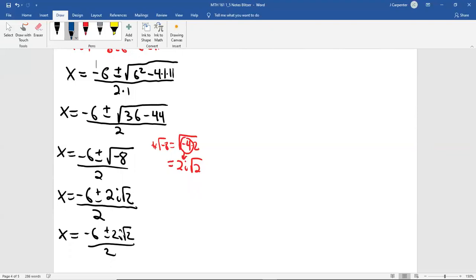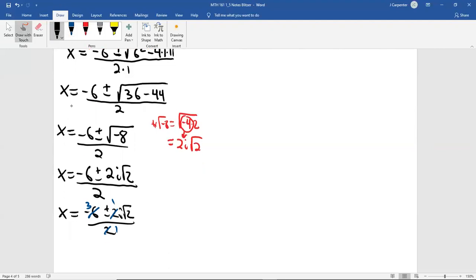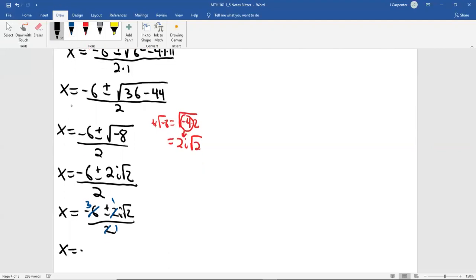They just do the divisions individually. So 2 goes into 6 3 times, 2 goes into 2 once, and into 2 once. We don't need to write those ones, though, in a denominator or in front. So that gives us our solution: negative 3 plus or minus i square root of 2. Now let's see if that's the same answer we got before.